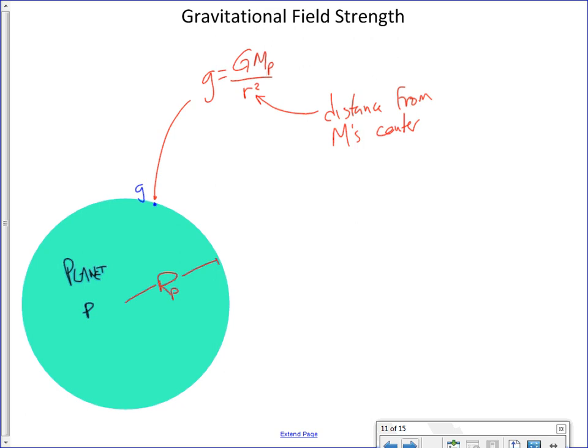So at this place where we are, this is g at the surface. It is G times the mass of the planet divided by, well, how far is this place from the center of the planet? It's the planet's radius away. That's squared, of course. So that goes for any spherical object. If you want to know gravitational field strength at the surface of any planet, any satellite, any moon, any star, that's how you do it.